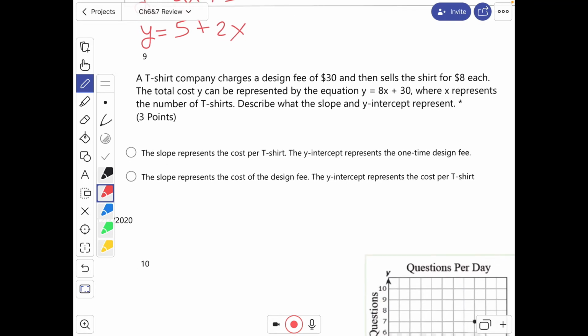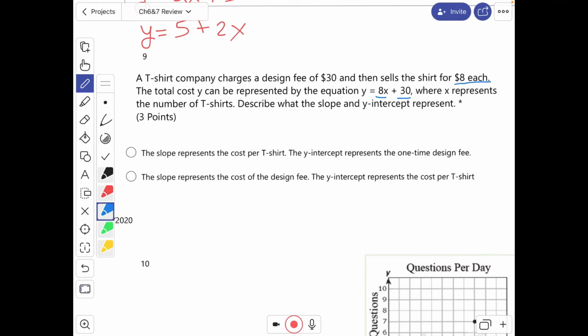Number 9. A t-shirt company charges a design fee of $30 and then sells the shirt for $8 each. The total cost y can be represented by the equation 8x plus 30, where x represents the number of t-shirts. Describe what the slope and y-intercept represent.